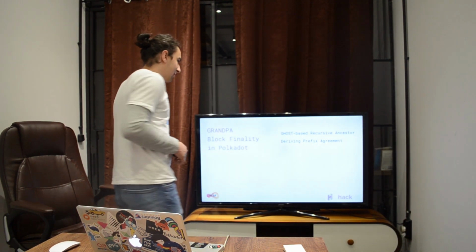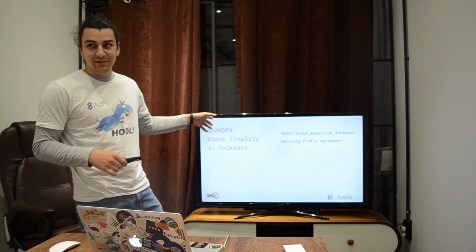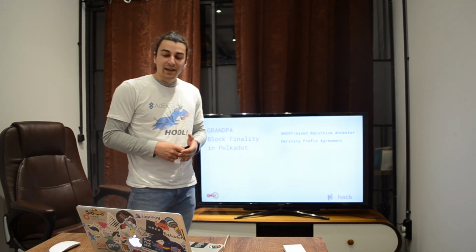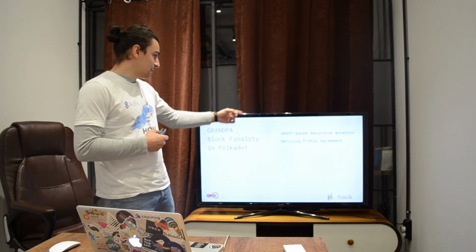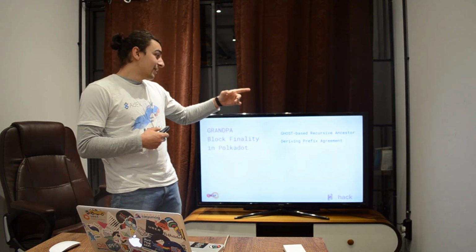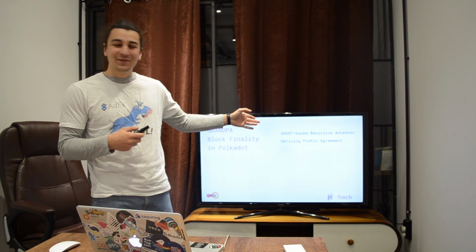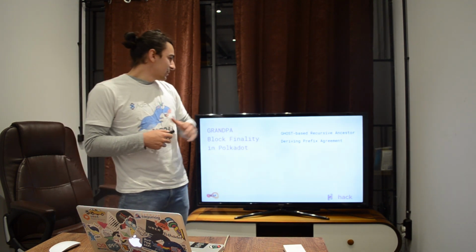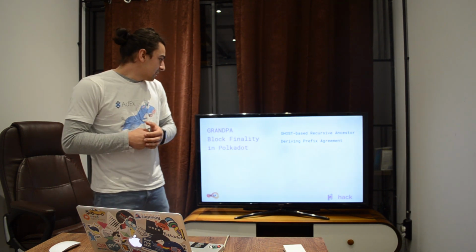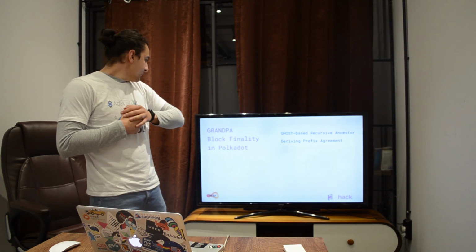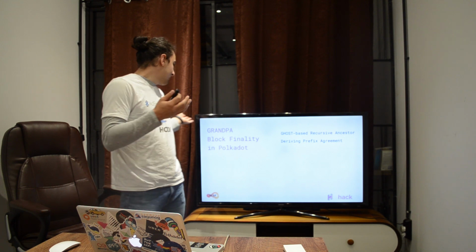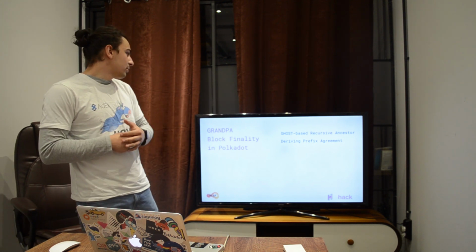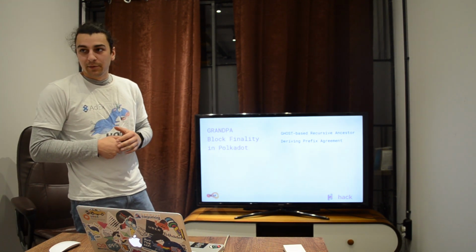More about Grandpa now. So Grandpa isn't just a cool name, it's basically an acronym for Ghost-Based Recursive Ancestor Deriving Prefix Agreement. So this is the full name of Grandpa. They're basically marketing it as block finality in Polkadot.